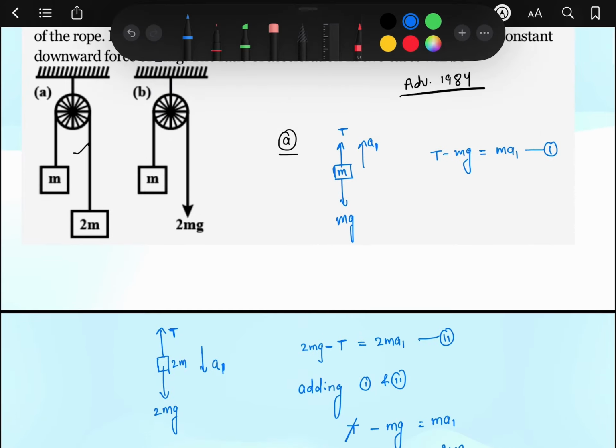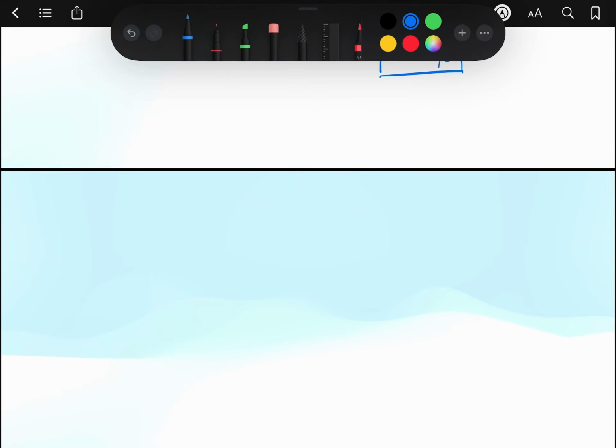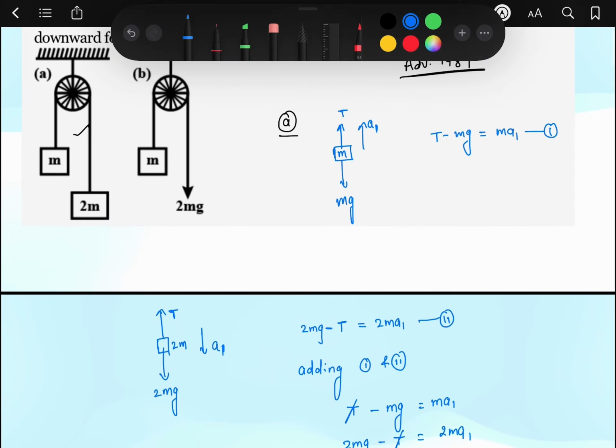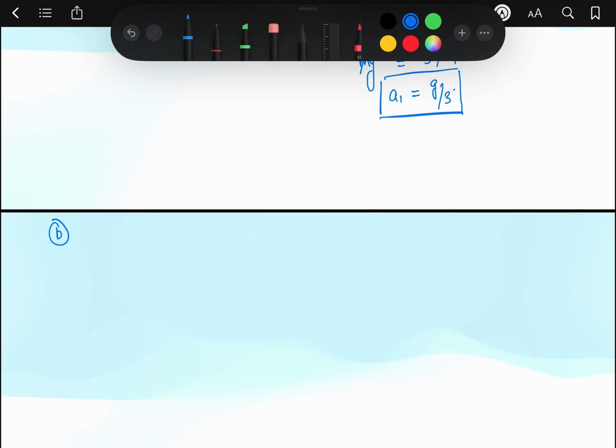Now let us consider case B here. This is our case B. So what is case B? We are pulling this string with a force of 2mg. So the tension developed in the string is equal to 2mg only. Okay. So here we already know that the tension in the string is equal to 2mg.